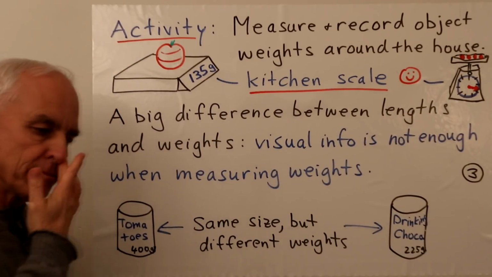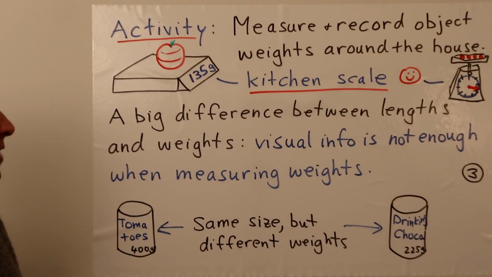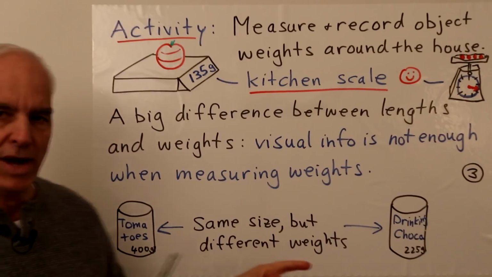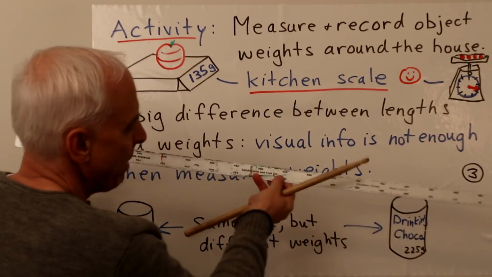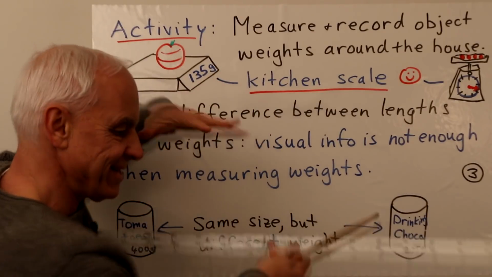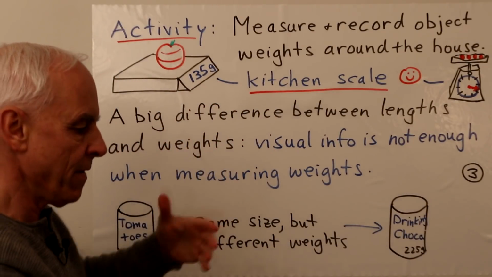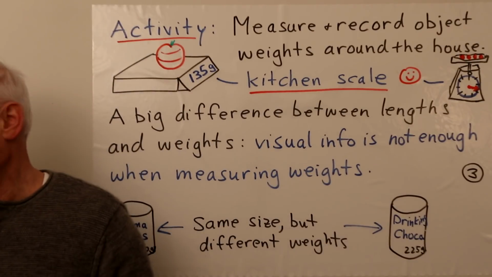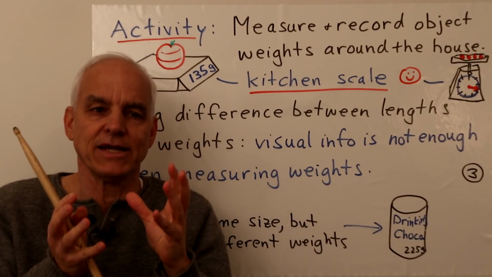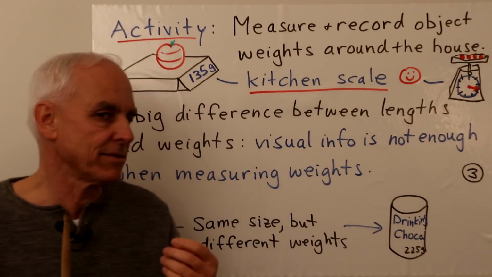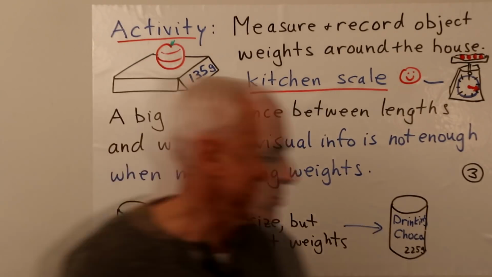But there is an interesting visual difference here in that just looking at objects is not enough when measuring weights. When measuring lengths, you have some object, you can just look at it and see what the length is. That's not the case with weights. The size of an object, physical size, is an indicator of the weight, but it's not all that you need to know.